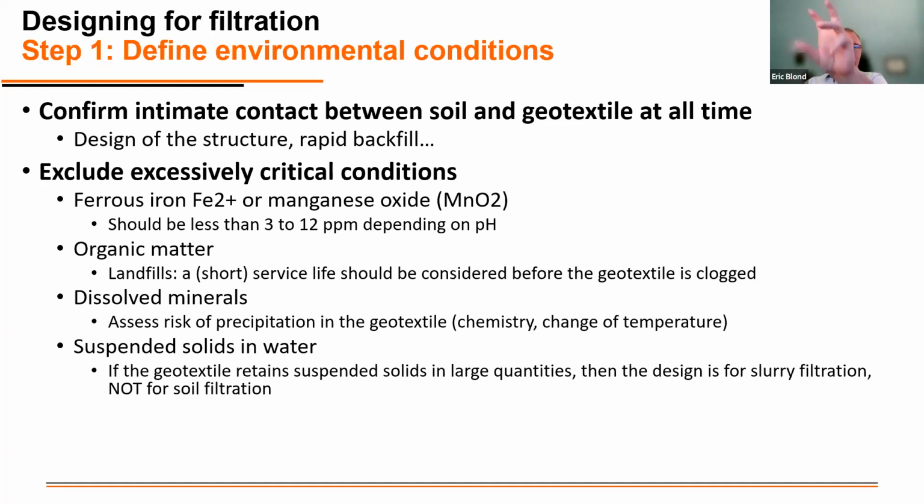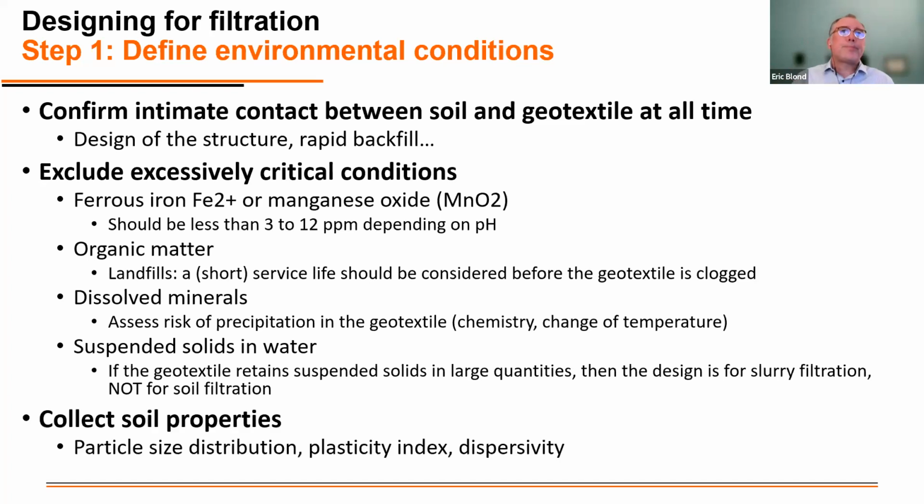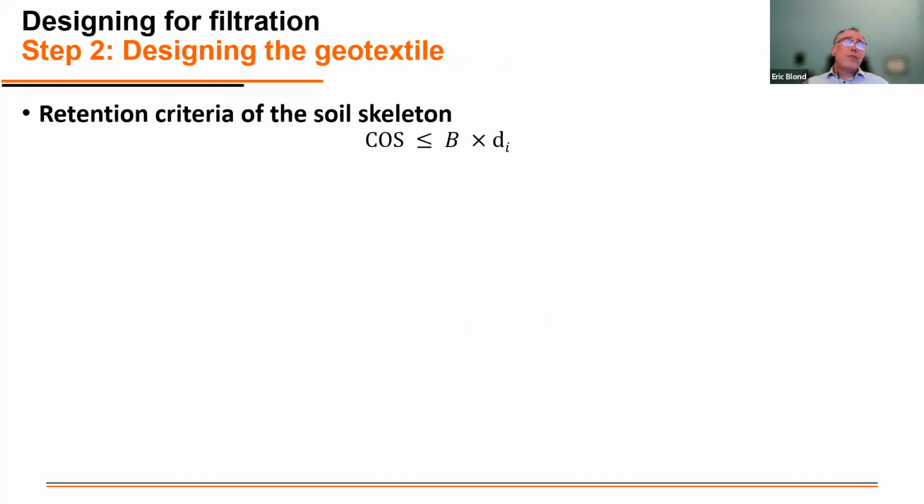These situations are considered too critical for use of a geotextile and require some preliminary treatment of the water or strategies for maintenance and replacement, periodic replacement. So after that, once we have excluded these two critical situations, we collect the soil properties and we go through the design.